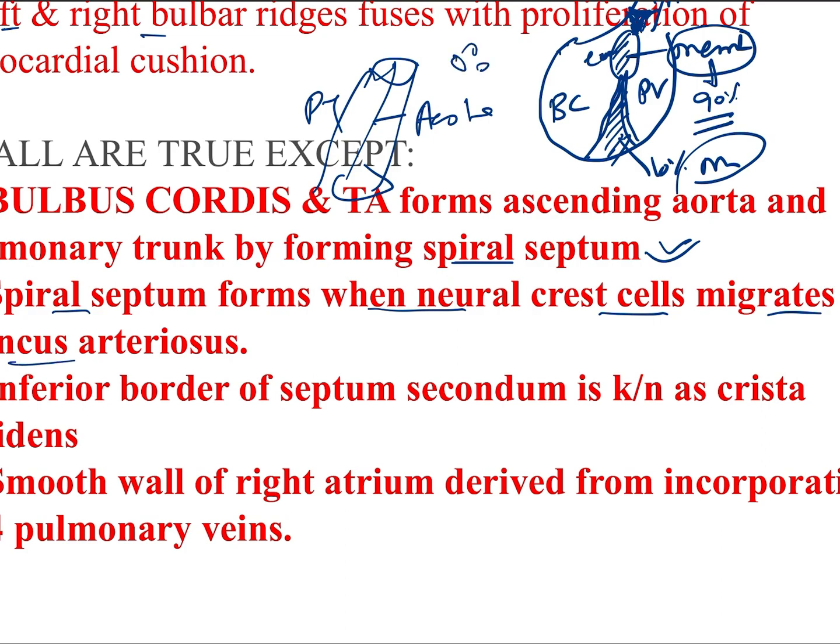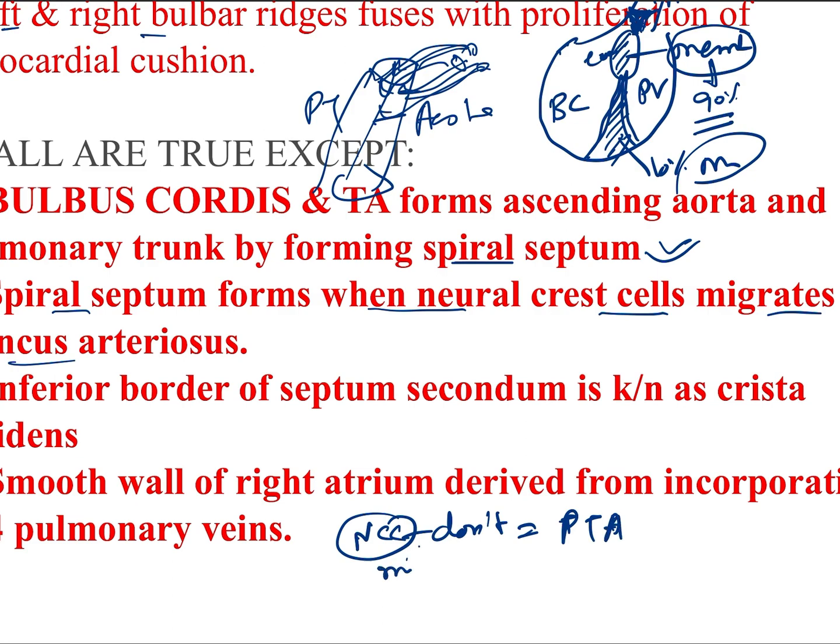This is okay. The truncus arteriosus forms a spiral septum by the migration of neural crest cells, and we have discussed that if neural crest cells don't migrate, then it will form persistent truncus arteriosus.